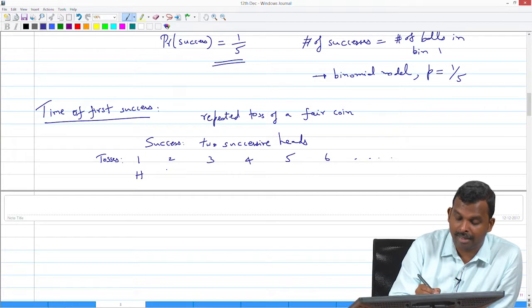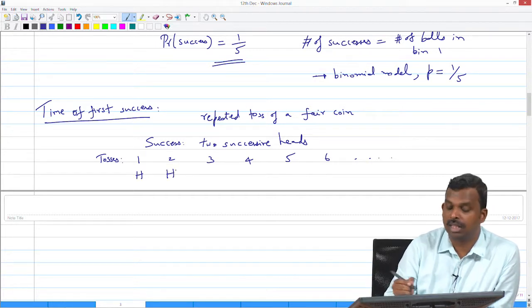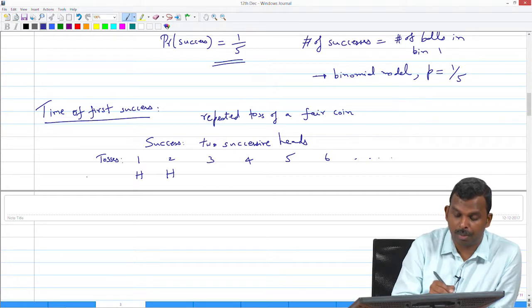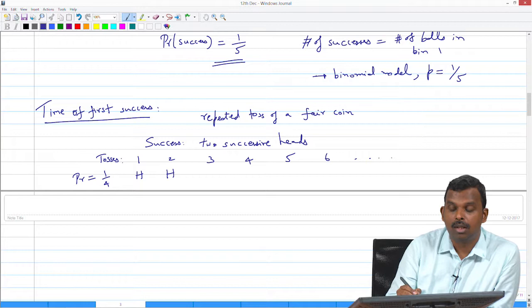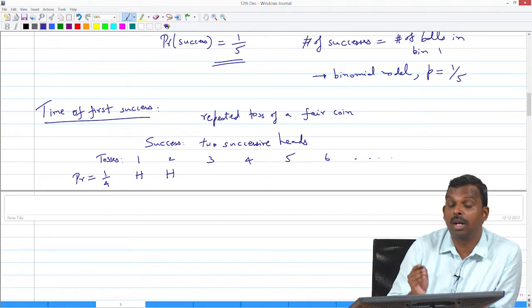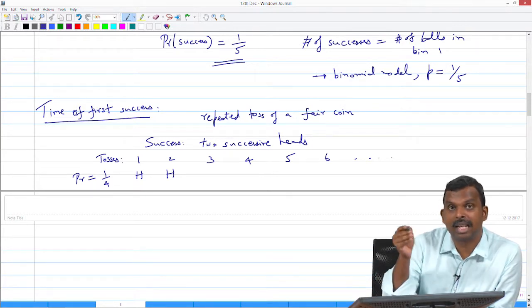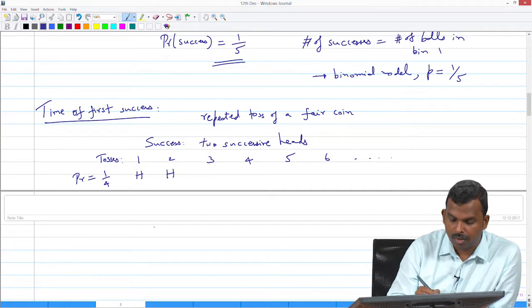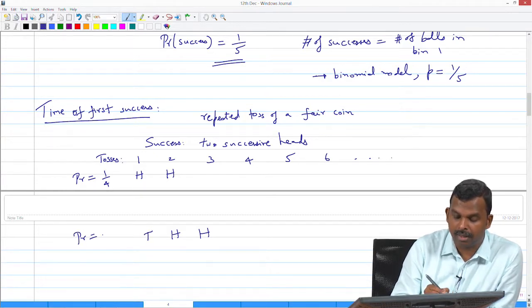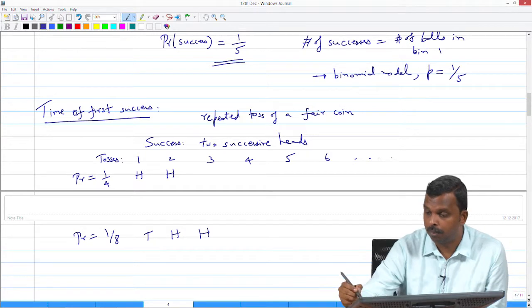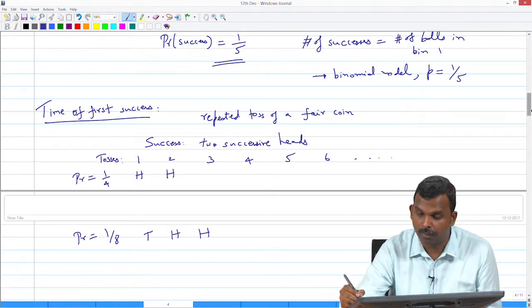If you have heads here, in which case you will stop, what is the probability of this? The probability is 1 by 4. What is the probability that the first time you have 2 consecutive heads is in the second and third position? You should have consecutive heads in the second and third position. You should not have consecutive heads before that, which means the first should be a tail, and that probability is 1 by 8. So, hopefully you can see where it is going.